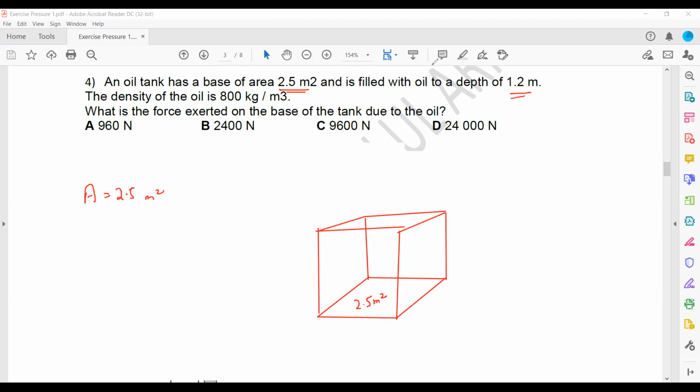So there's oil inside, and the depth of this oil is 1.2 meters. The density of the oil is 800.